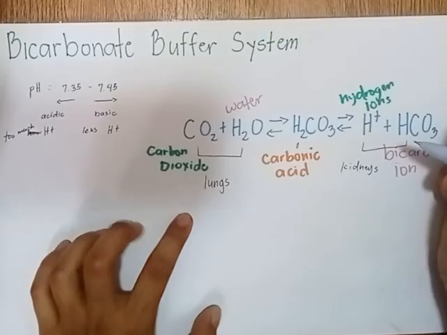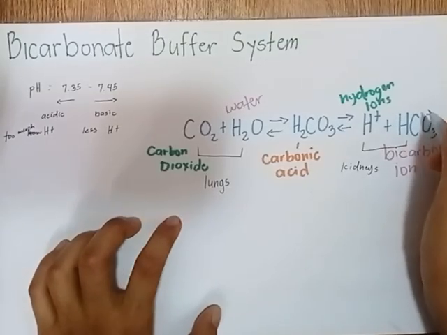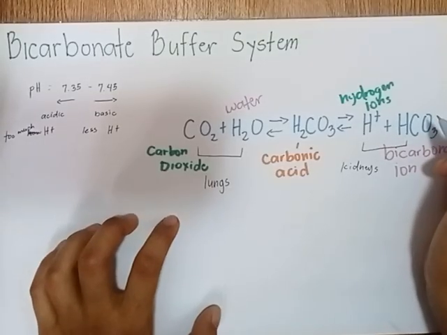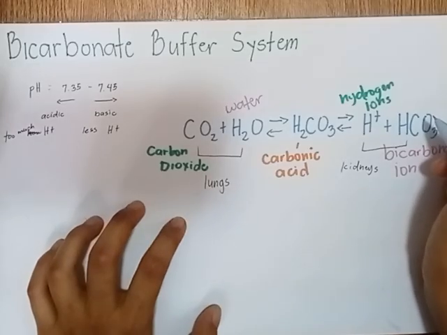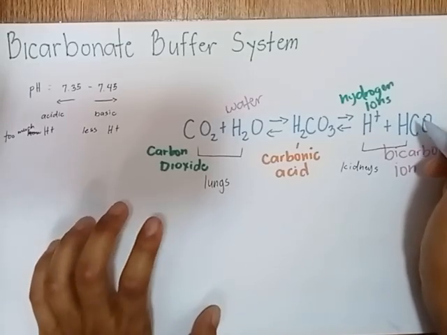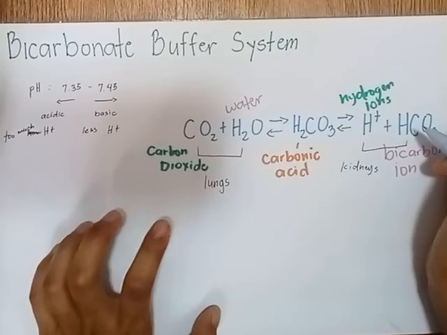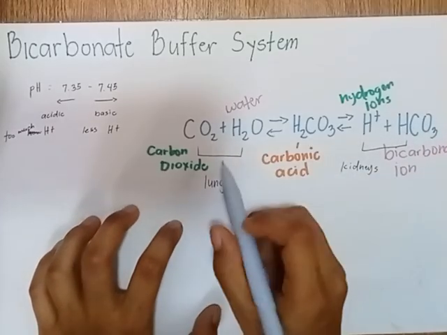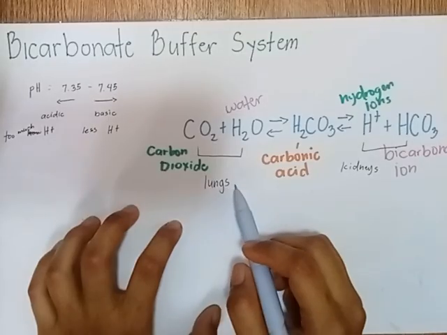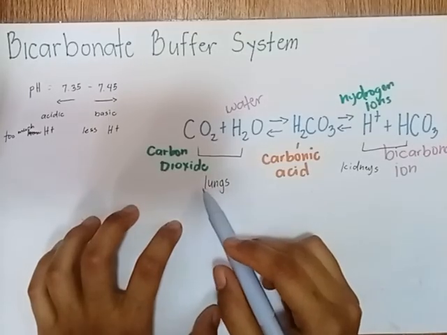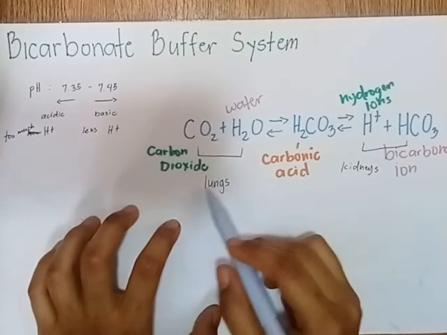So this equation is very important because if there's an imbalance in the pH, we can say that if something is wrong here in the lungs, then maybe the problem is respiratory, or it is respiratory caused.